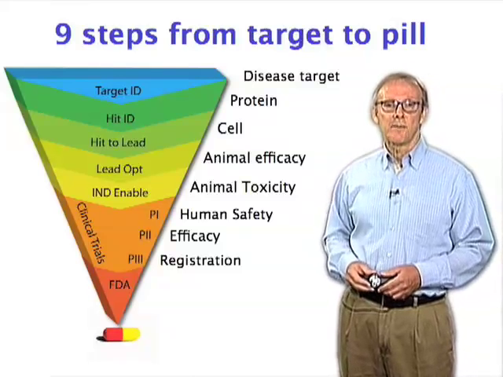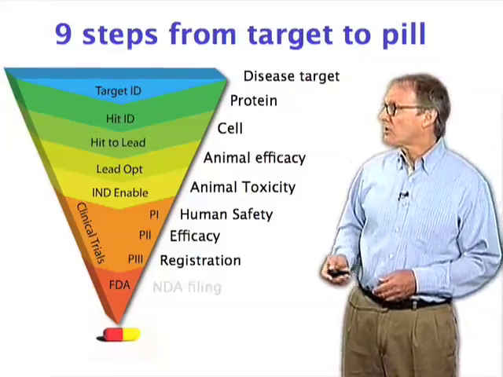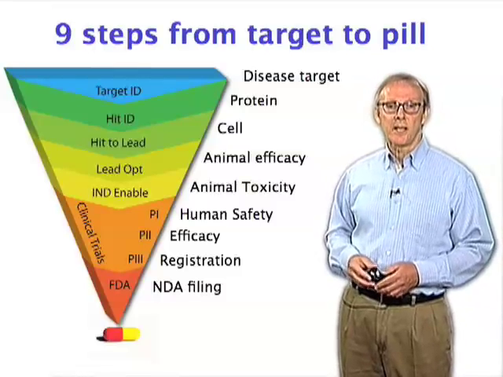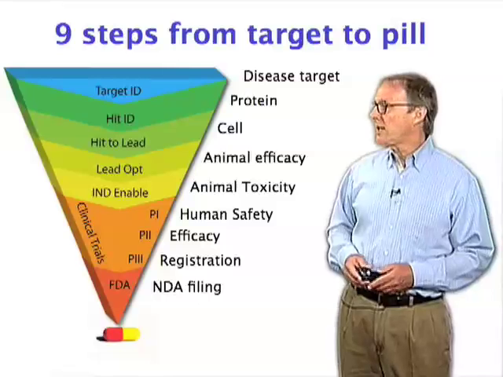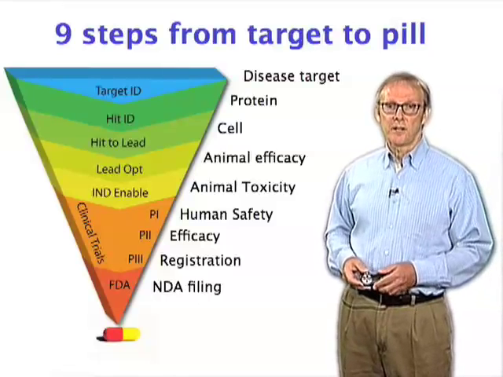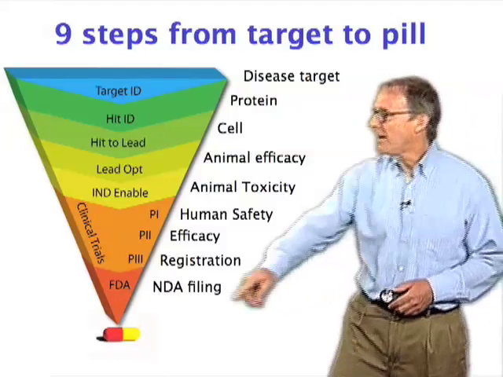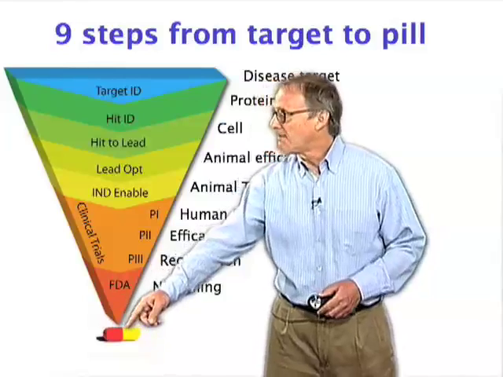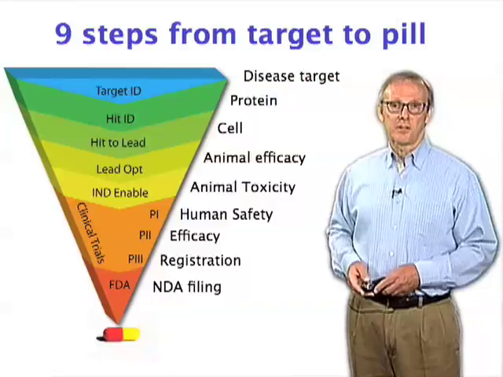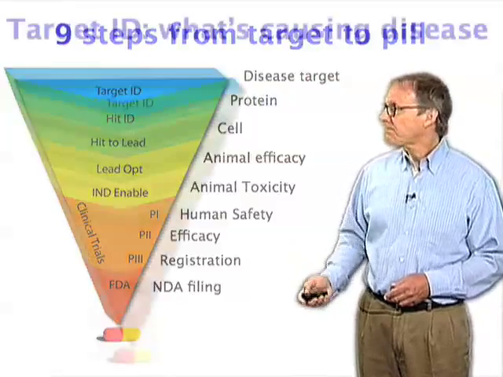And at the end of this time, if your drug is safe and efficacious, you'll submit what's known as a new drug application, an NDA, to the FDA. They will review it and agree with you or not that you have a drug that's ready to go into humans. And at the end of that process, you have this pill down here, which will then be launched with great fanfare, because this process, as you'll see, is a very long and arduous one.